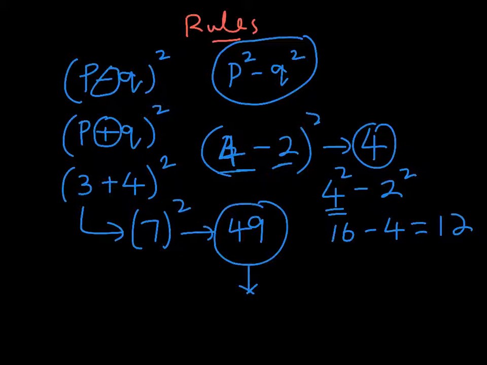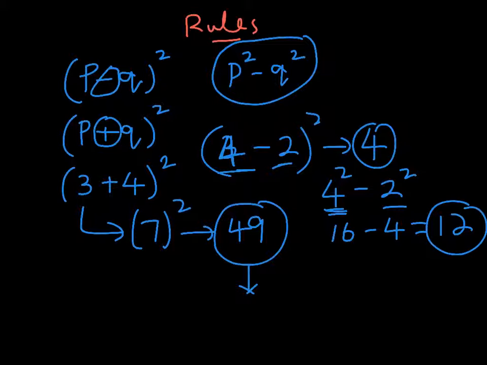But here we see that (4 minus 2) with a bracket and then a square gives us a value of 4, whereas 4 squared minus 2 squared gives us a value of 12. This shows you that they are different. You have to understand that there's a difference between the difference of two squares and a perfect square, particularly the one that has a negative sign along with it. So don't confuse the two.